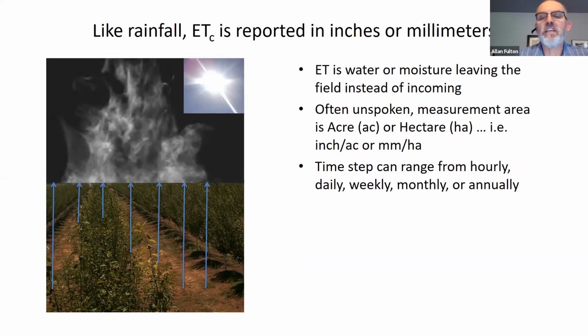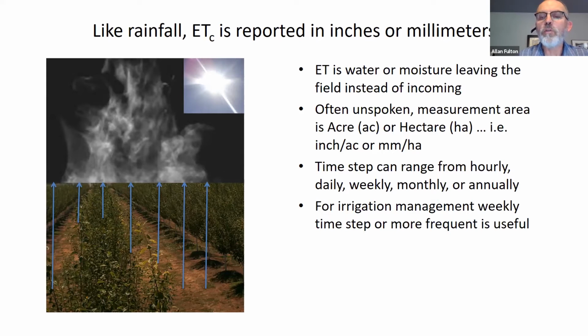The time step can range from hourly, daily, weekly, monthly, or annually, depending upon your needs. For irrigation management, a weekly time step or even more frequent is the most useful and beneficial.